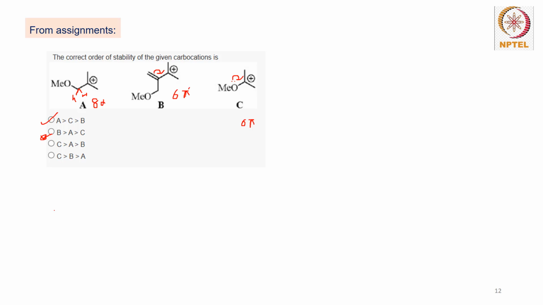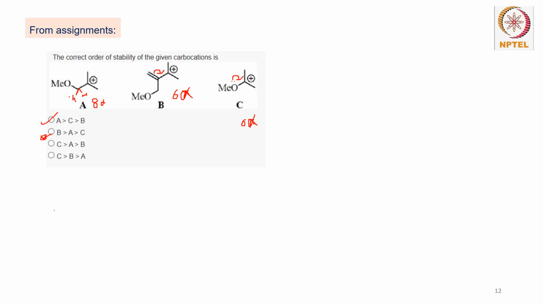So here 6 alpha hydrogen, and there is 8, that's why it will have more hyperconjugative structures.